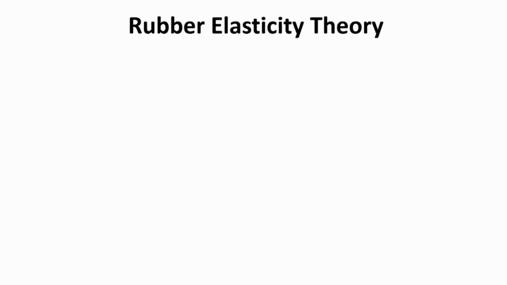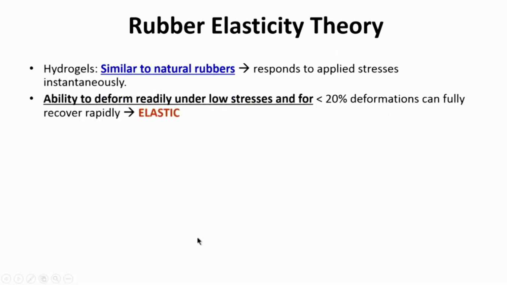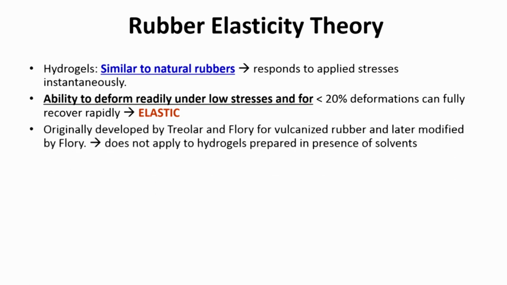Okay. So, continuing further with the rubber elasticity theory. Hydrogels are again similar to natural rubbers. The ability to deform under low stresses is readily possible, so they can be considered to be elastic essentially. Right now we are talking about how this rubber elasticity came up.